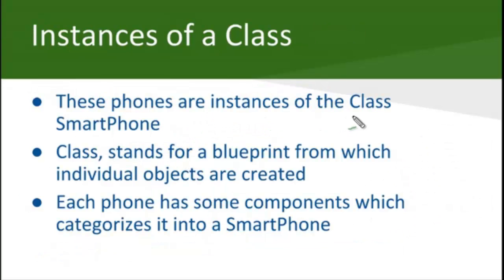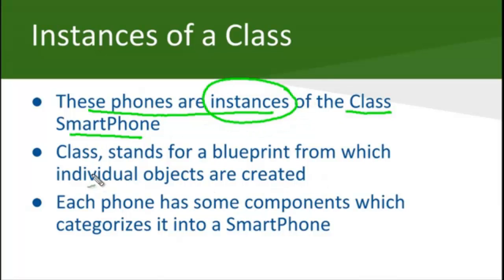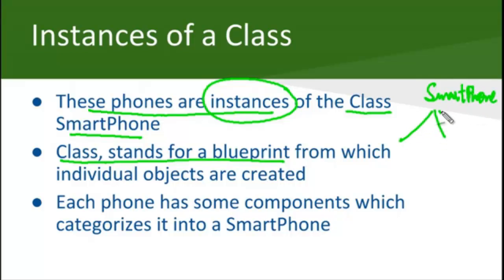Now we can say that there is a class smartphone and these phones are instances of that class. Class here kind of stands for a blueprint from which the individual objects are created. So you can say that there is a smartphone class and it can have thousands of smartphones.